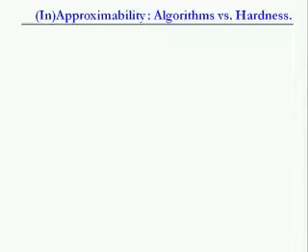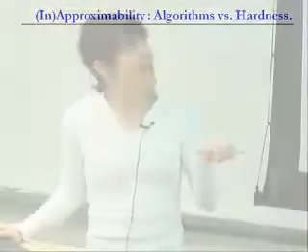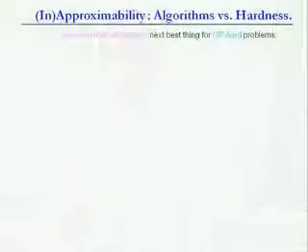But let's go back for a step and say basically what is going on with NP-hard problems. NP-hard problems are hard to solve, but the next best thing is approximation algorithms.